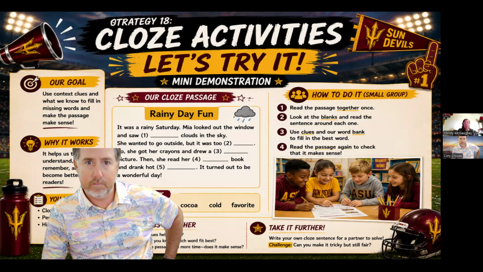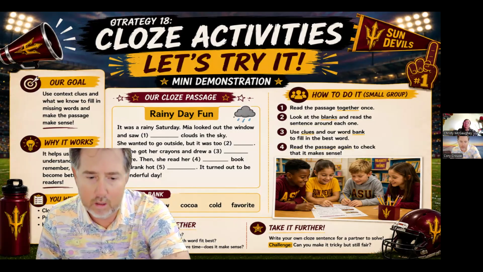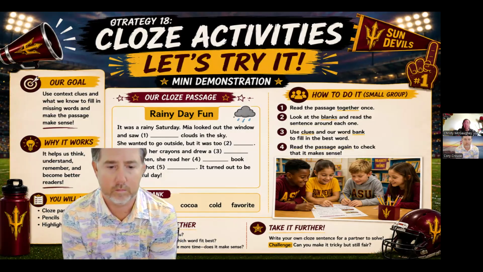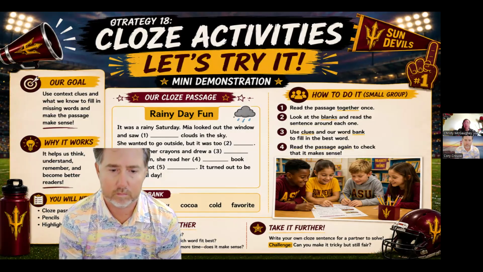Let's try it. So now let's practice a cloze activity together. As you read the passage, think carefully about which words make the most sense based on the clues in the sentence. Students use context clues, prior knowledge, and discuss with classmates to help determine the missing word.